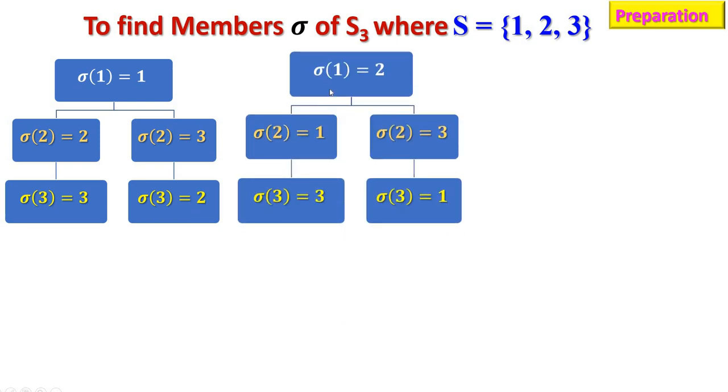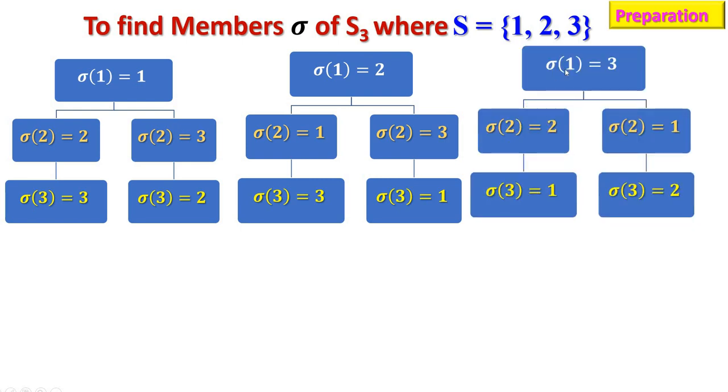In the same way, if sigma takes 1 to 2, then sigma of 2 can be 1 or sigma of 2 can be 3. Once you fix sigma taking 1 to 2, 2 to 1, naturally 3 has to be taken to 3. And if 1 is taken to 2 by sigma, 2 is taken to 3 by sigma, therefore 3 has to be taken to 1.